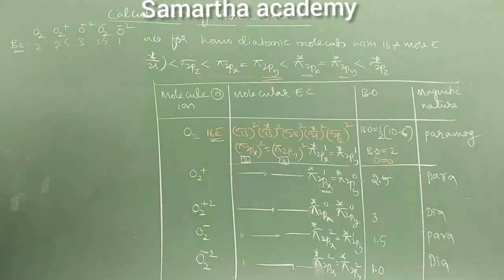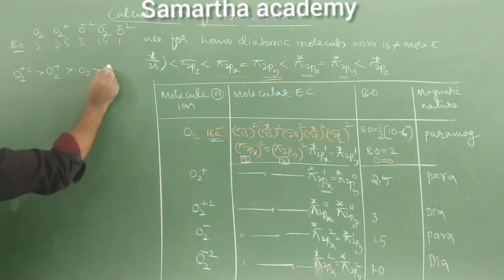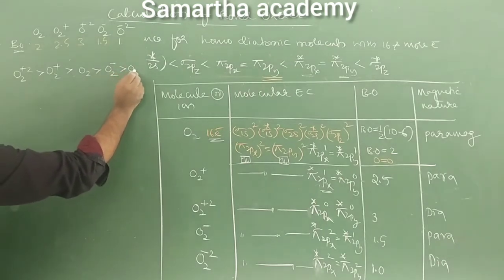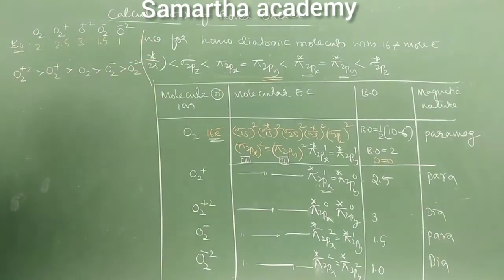Right? So therefore, what is the order of bond order? O2 plus 2 greater than O2 plus, then O2, O2 minus, O2 minus 2. It is a bond order, decreasing order. Next, what is the bond length?